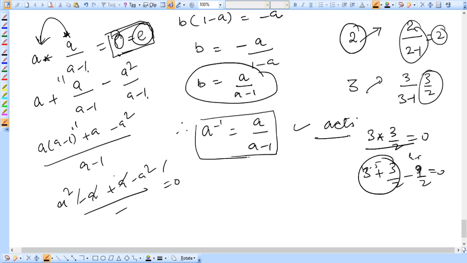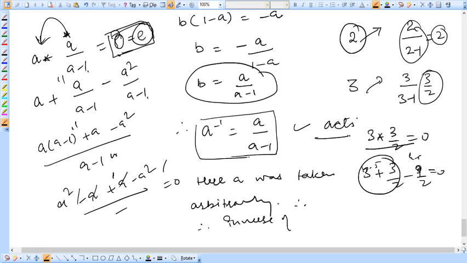Thus at last we can write, here A was taken arbitrarily, therefore the inverse of each element exists, right?